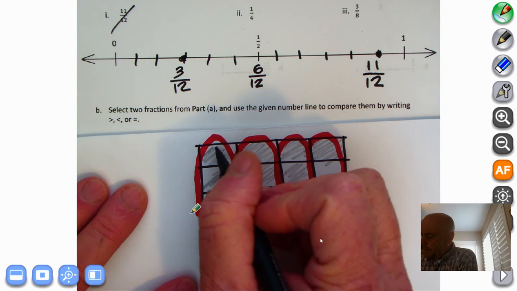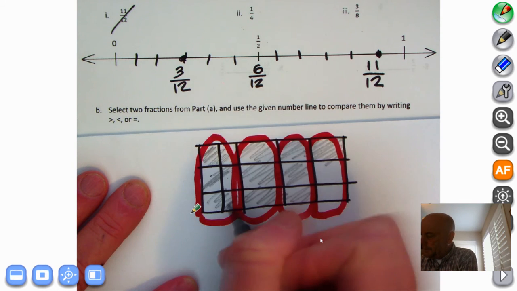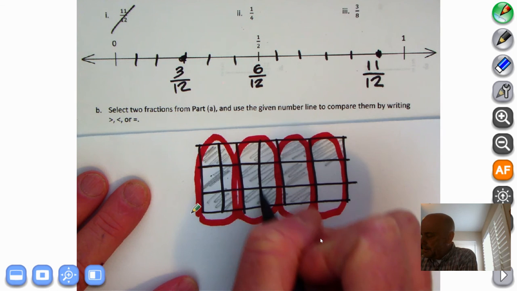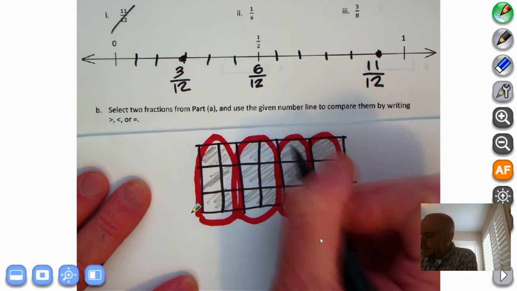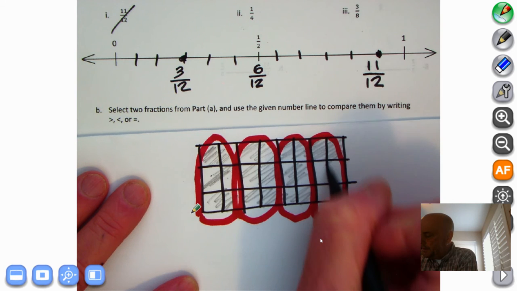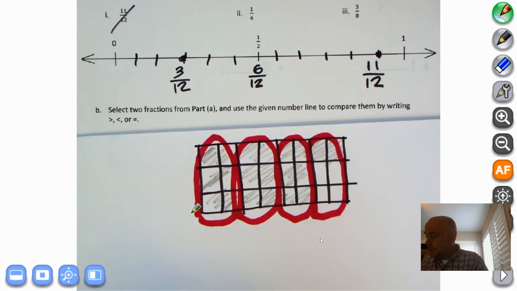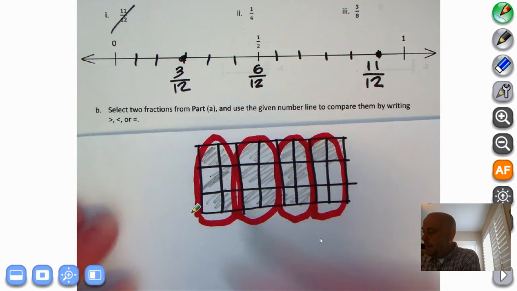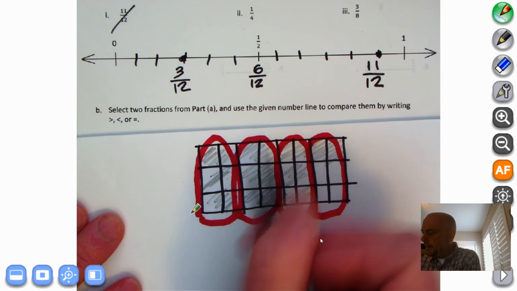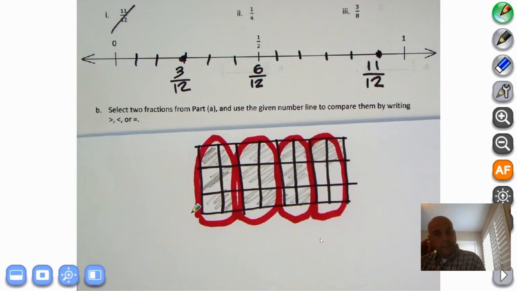So I want right down the middle, and there's 1, 2, 3, 4, 5, 6, right down the middle, and again, 6 each time. So what's 6 times 4? 6, 12, 18, 24. We have 24 pieces there.